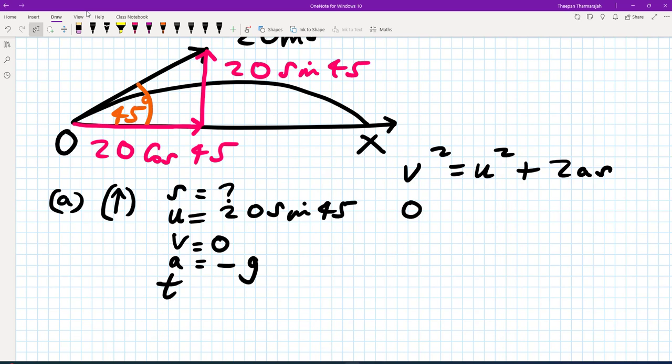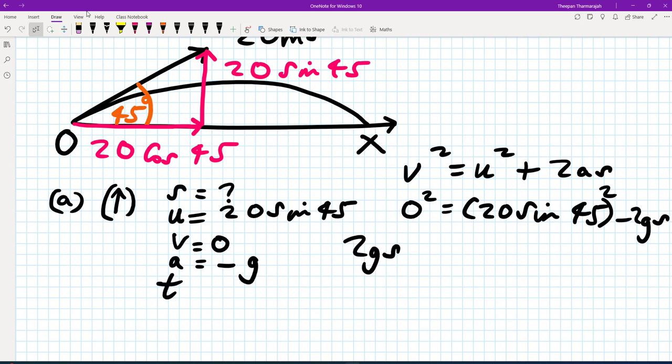So therefore, 0 squared is 20 sine 45 all squared minus 2gS, and we get 2gS equals 20 sine 45 all squared, and we're going to divide the result by 2g.